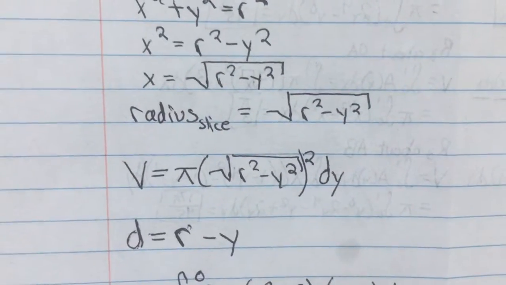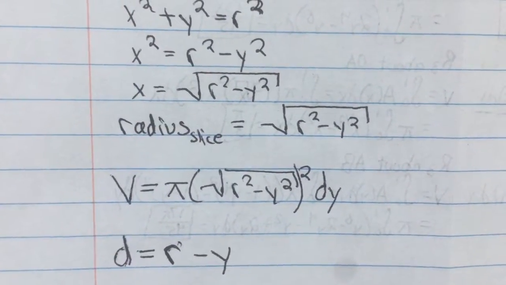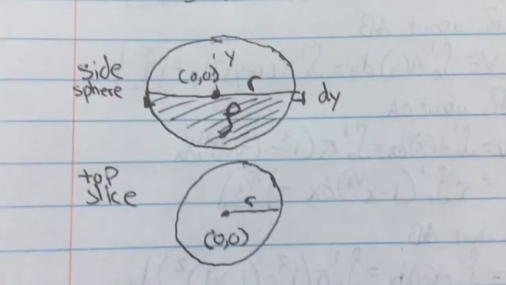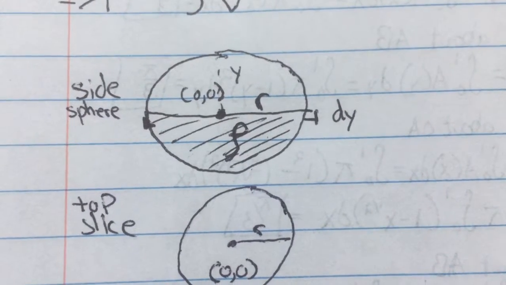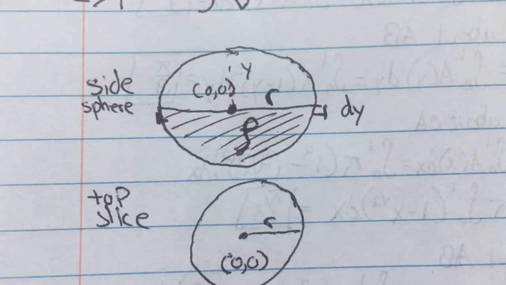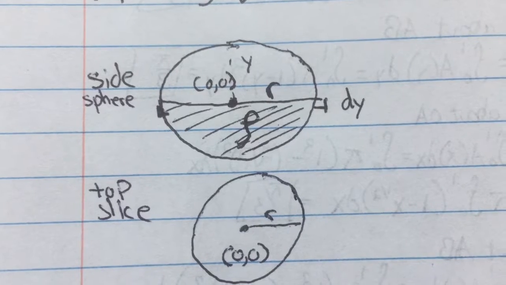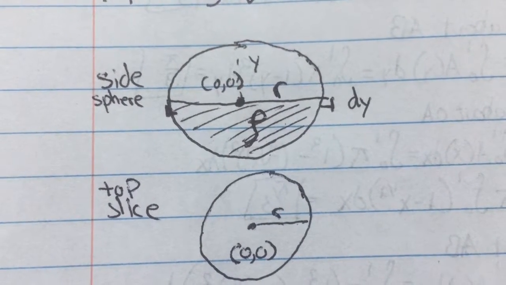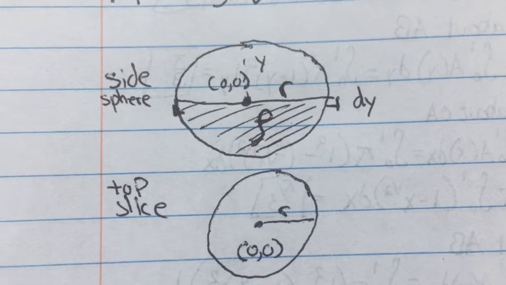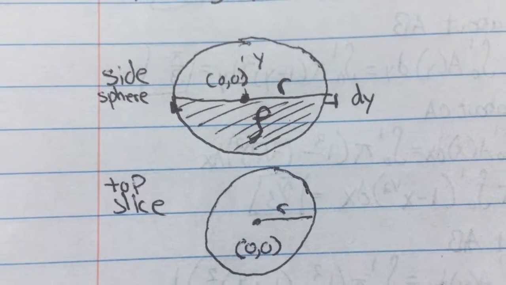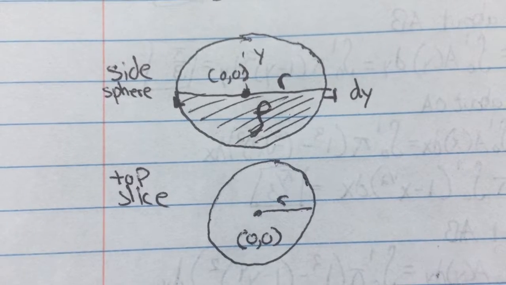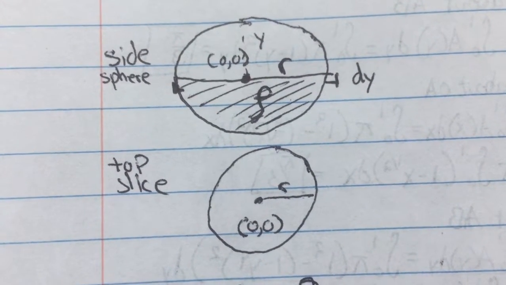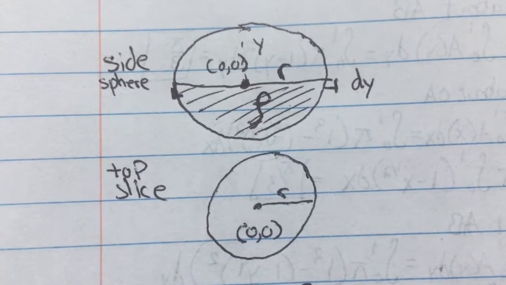You might have already seen, I wrote the distance as r minus y. Why is that? The oil needs to be pumped out through the top, and the top is a distance r away from the center. So the fluid is always going to need to move at least r.